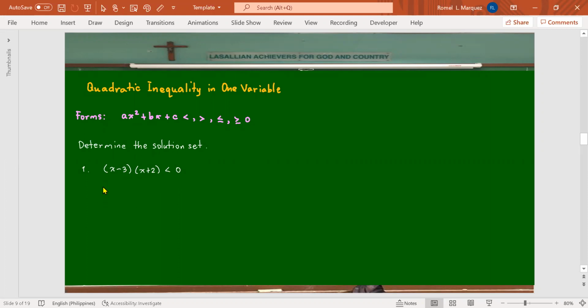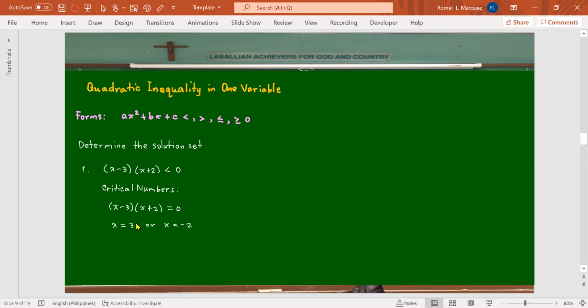For the critical numbers, all we have to do is solve the associated quadratic equation. We get x equals 3 or x equals negative 2. Am I correct, children?